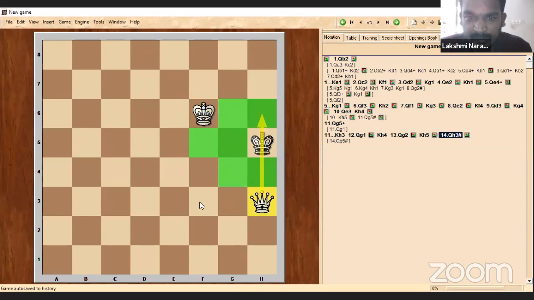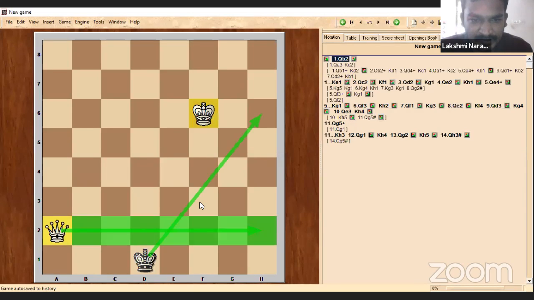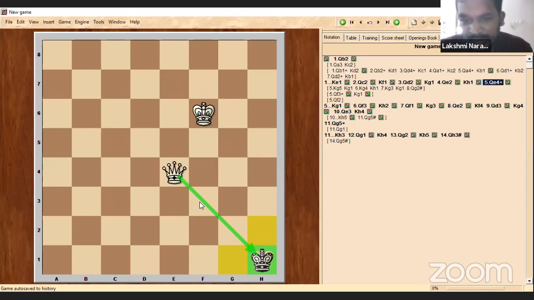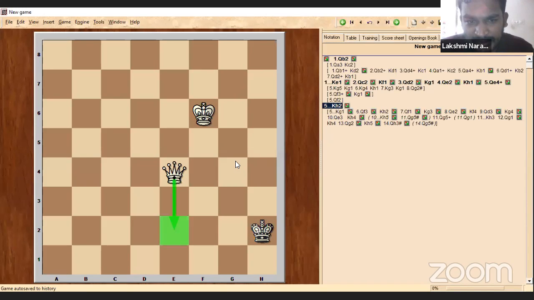Okay, so let's go back to this position, and I will show another possibility. That is after this move, queen e4. Okay, instead of playing king g1, if he plays king to h2, now again we can use a strong triangle like this idea.